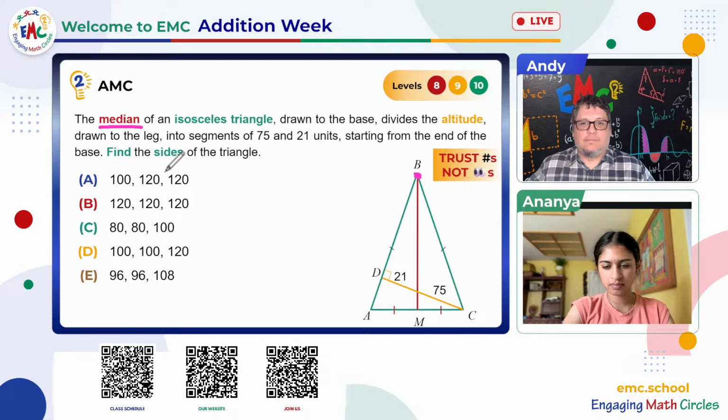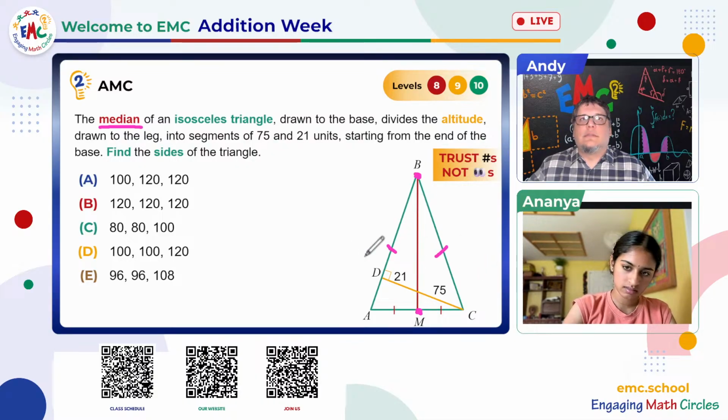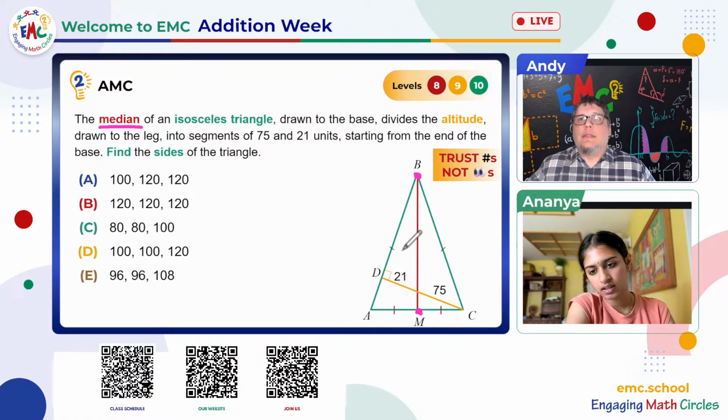It goes to the midpoint of the other side. Drops down to the middle. But because this is isosceles, it is also the bisector, like that. So these two sides are congruent. Two triangles are congruent.